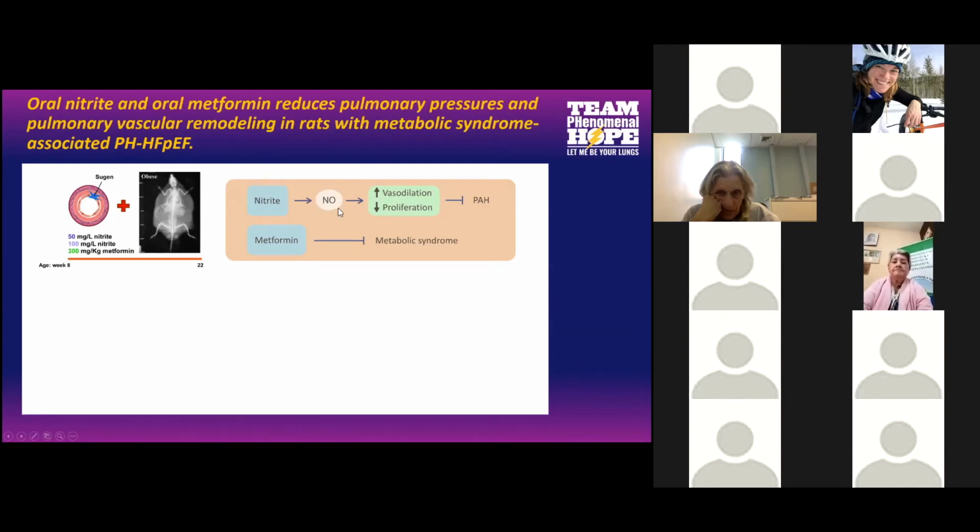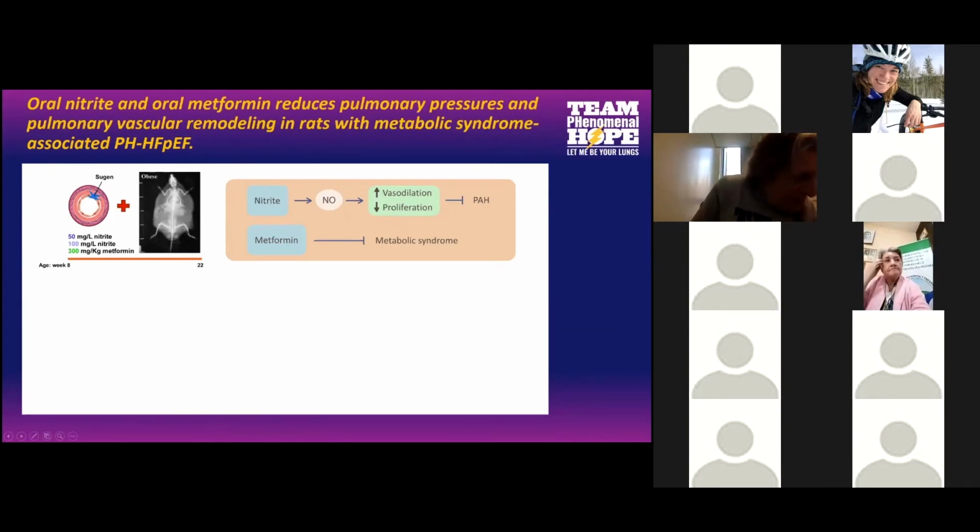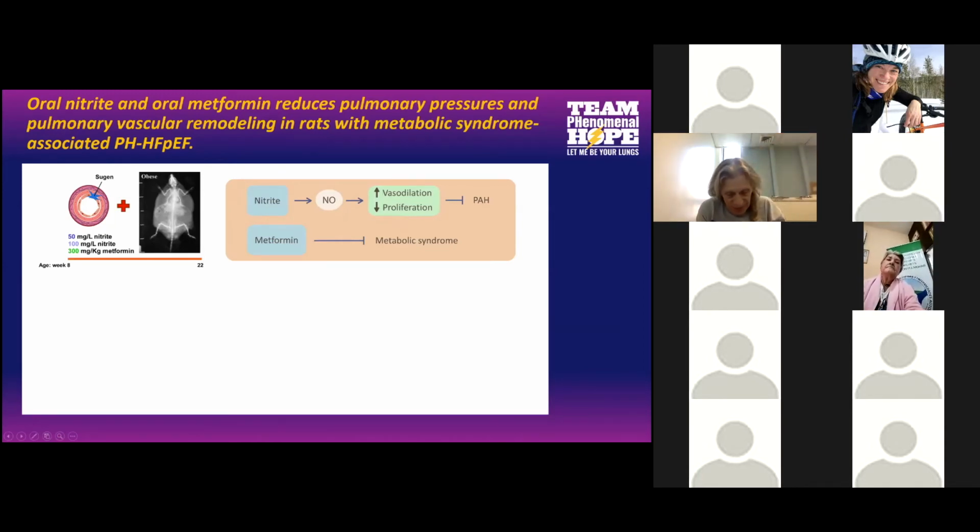Nitric oxide has also been shown to reduce the proliferation of smooth muscle cells. Nitrite has also been shown to reduce PAH in animal models before, in the Sugen hypoxia model. Another drug we tested was metformin, which is the first-line drug for metabolic syndrome.